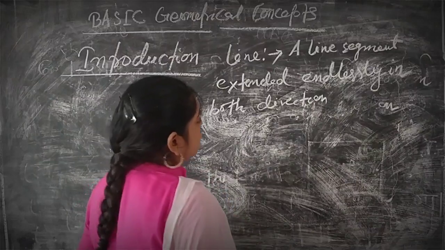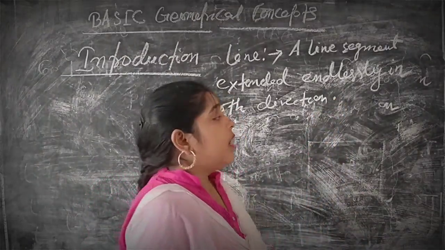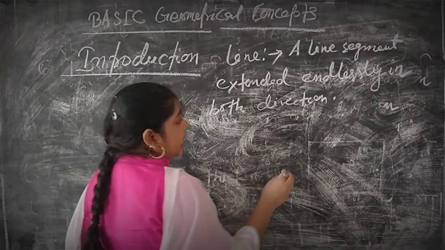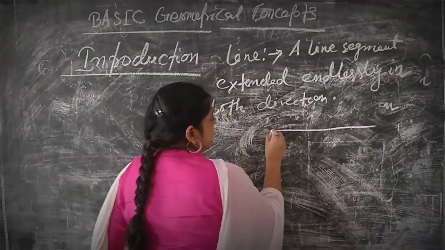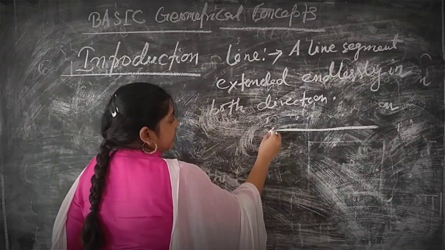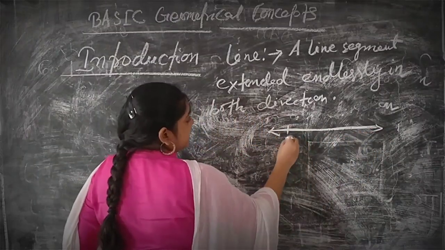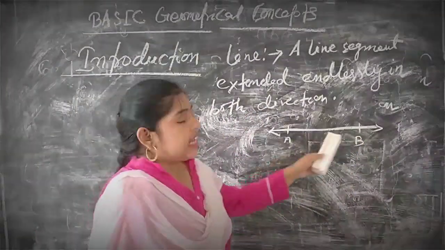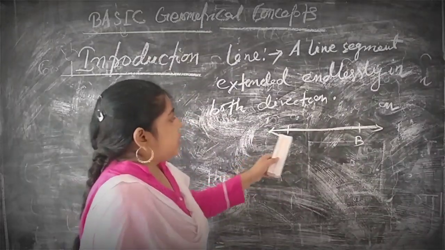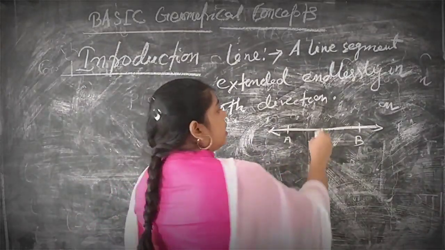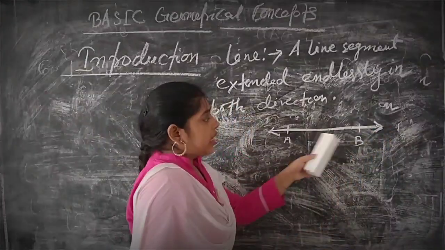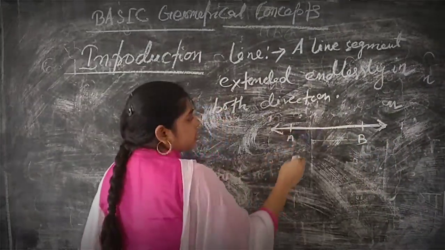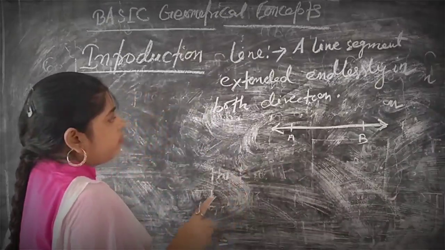Now we write the definition of the line. How do we know the symbol of the line? Look at this straight line with two points marked, A and B. Both ends are extended, to the east side and the west side, so the line moves in both directions.